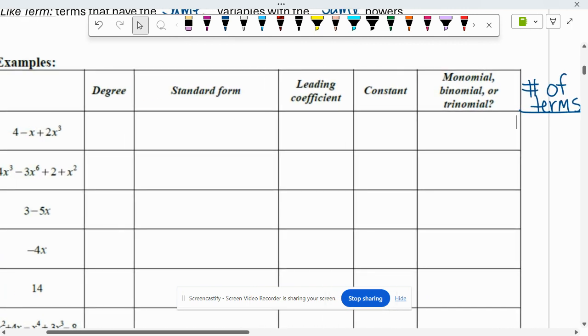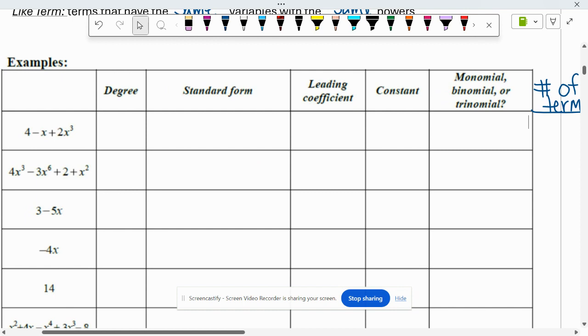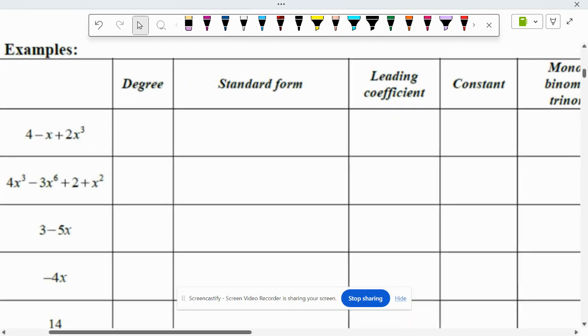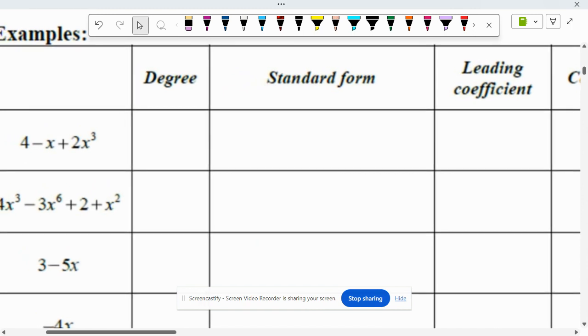All right, so our first polynomial, 4 minus x plus 2x cubed. I need to know the degree, so I'm looking for the largest exponent on a term. So what is the largest exponent?